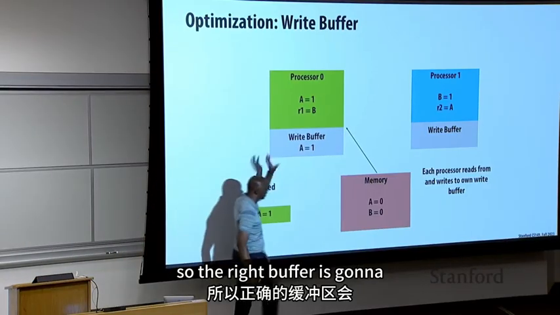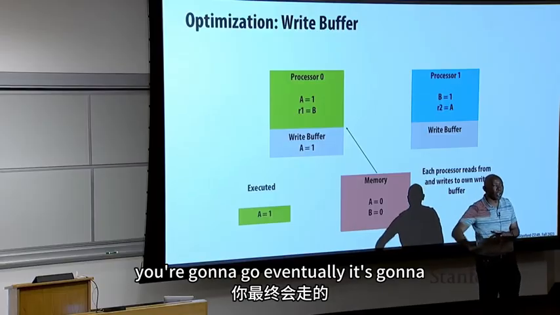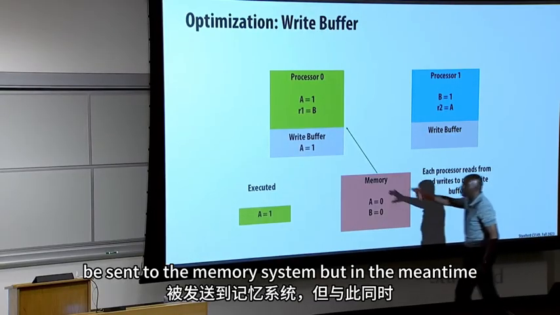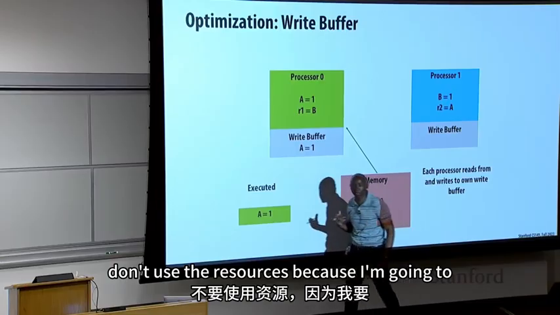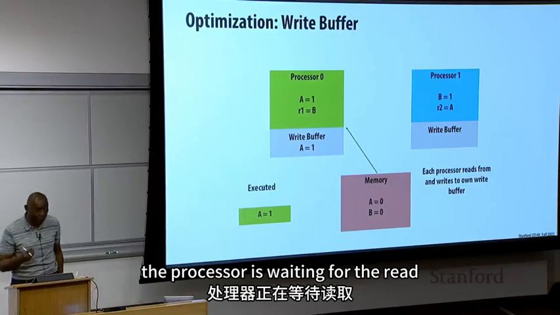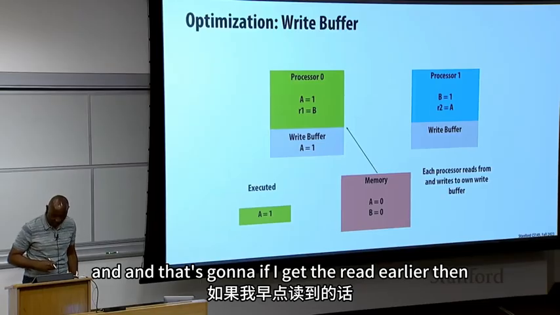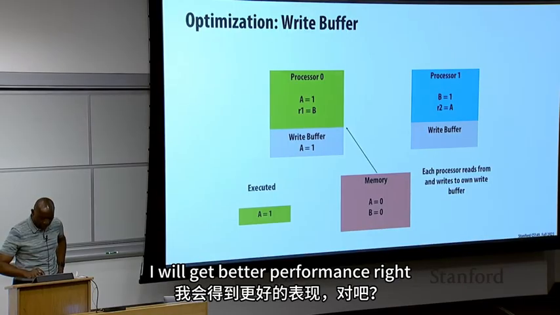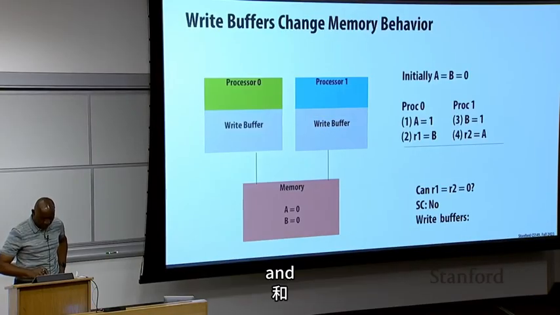The write buffer is going to basically say, you write, eventually it's going to be sent to the memory system, but in the meantime, hold off, don't use the bus, don't use the resources, because I'm going to issue the read first, because the processor is waiting for the read. If I get the read earlier, then I will get better performance.